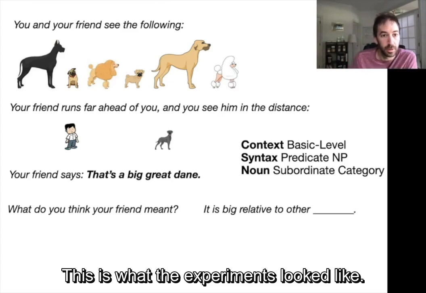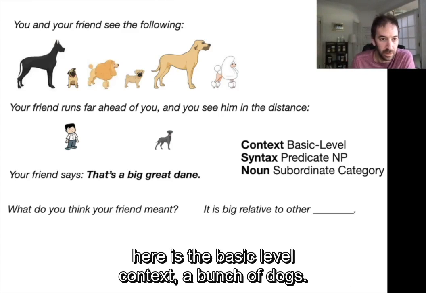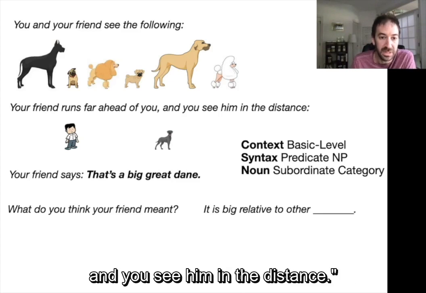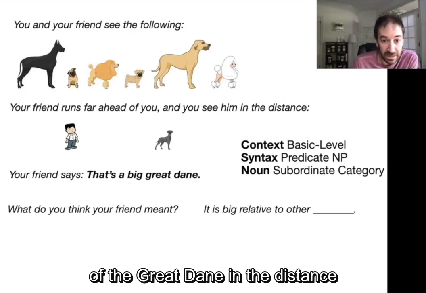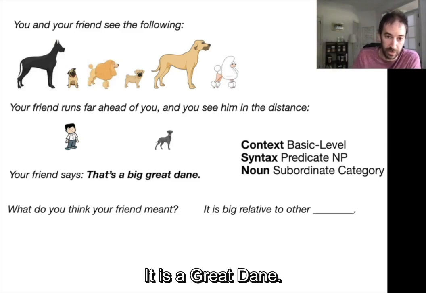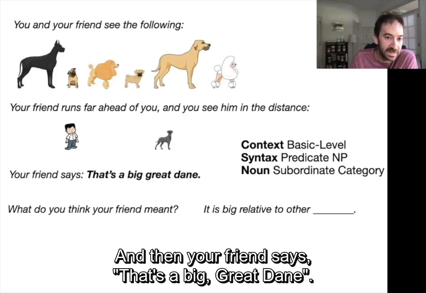This is what the experiment looked like. You and your friend see the following. Here's the basic level context, a bunch of dogs. Then you read your friend runs far ahead of you and you see him in the distance. So you can't use the physical size of the Great Dane in the distance as a cue to the comparison class, but you do see its category membership. It is a Great Dane. And then your friend says, that's a big Great Dane.